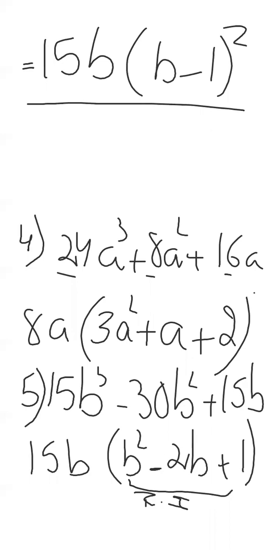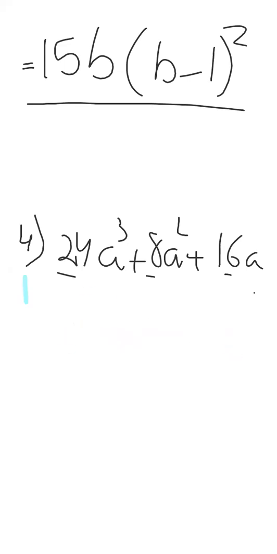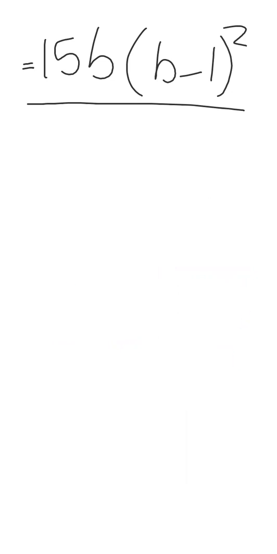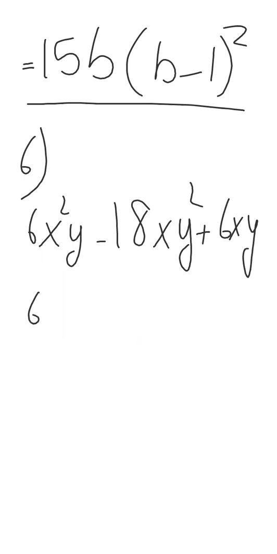Finally, the last one in exercise 3. Part 6: 6x squared y minus 18xy squared plus 6xy. Here we have 6 in the coefficients, and in the variables we have xy.